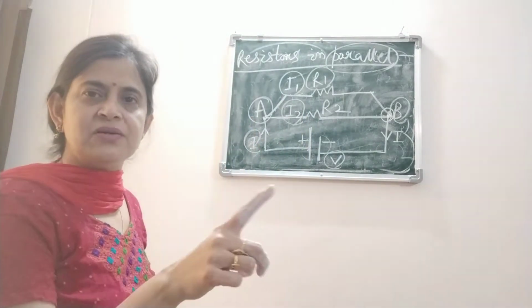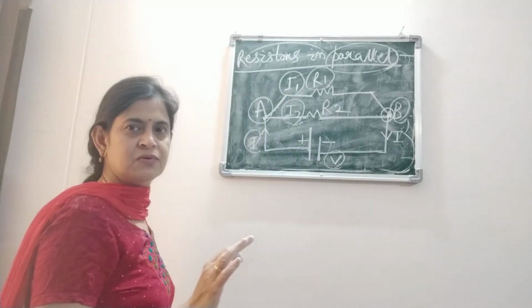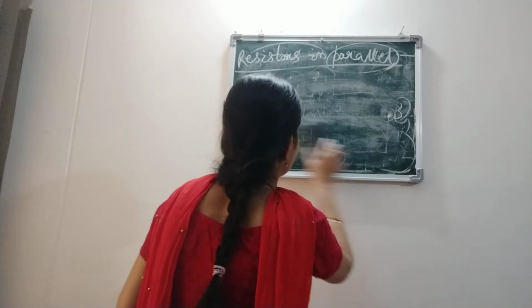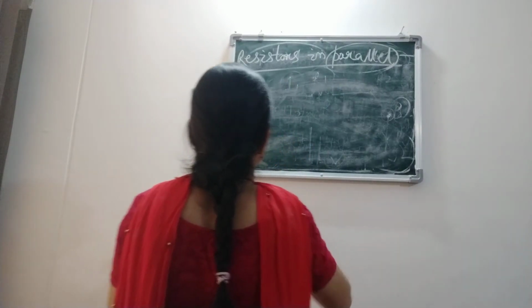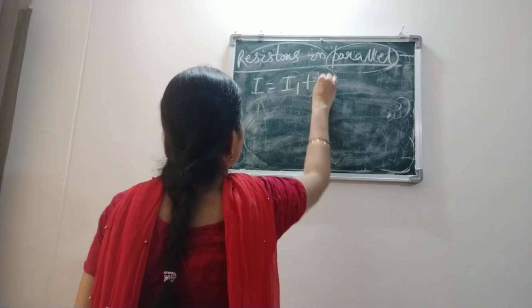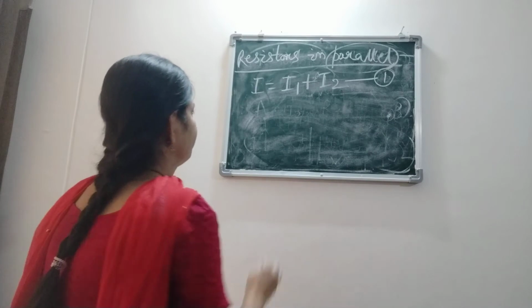In other words, we can write I is equal to I1 plus I2. Clear? Suppose this is equation number 1.